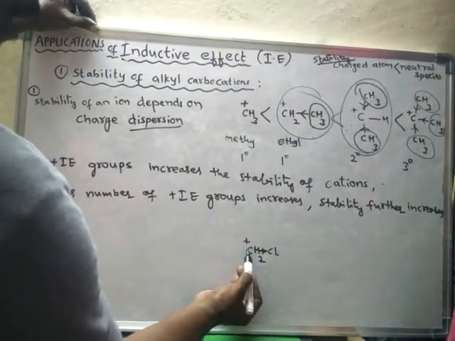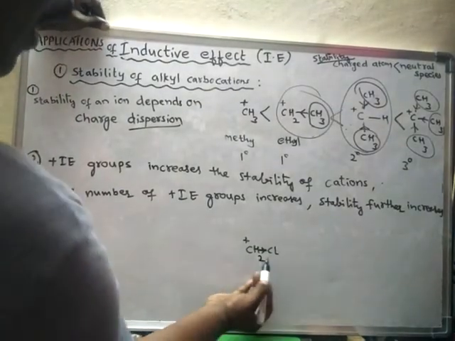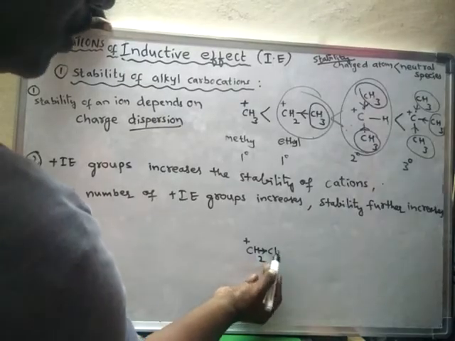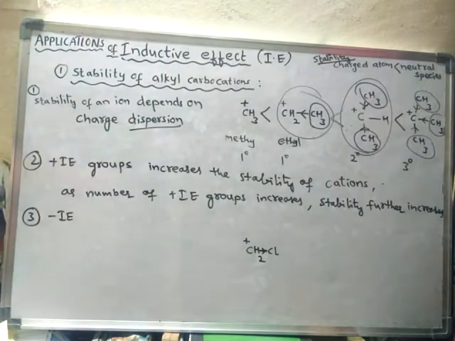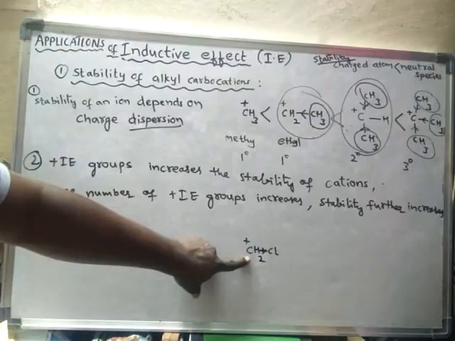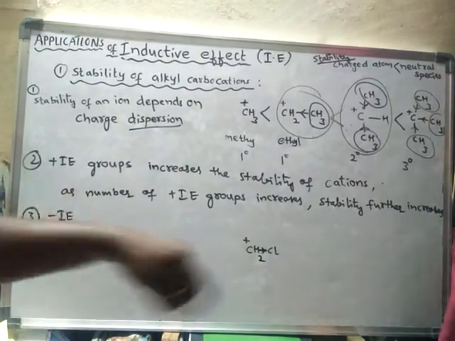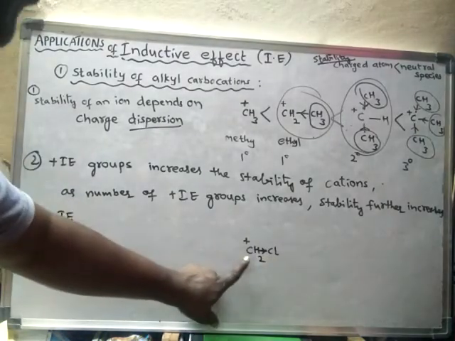Already this carbon is in deficiency of electrons, and due to the attachment of this chlorine to this carbon, this chlorine will further decrease the electron density on this carbon. So when electron density is decreased, what happens? The magnitude of positive charge will increase further. That means this group will increase the positive charge.